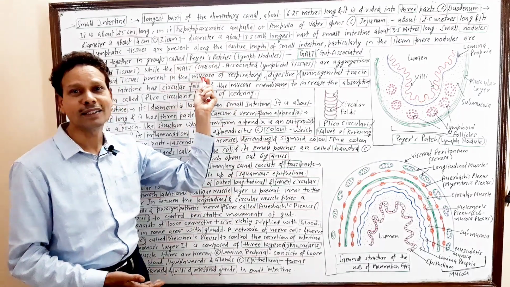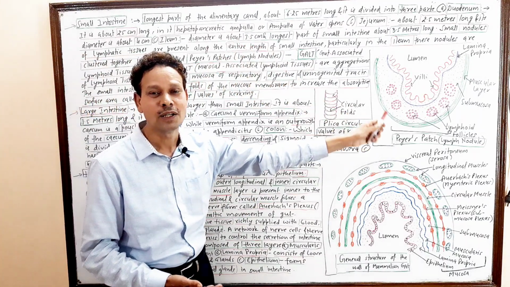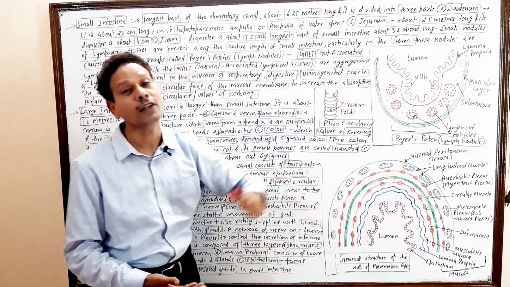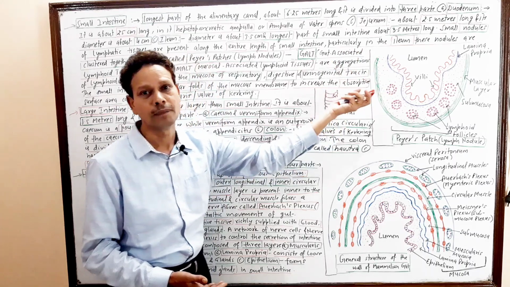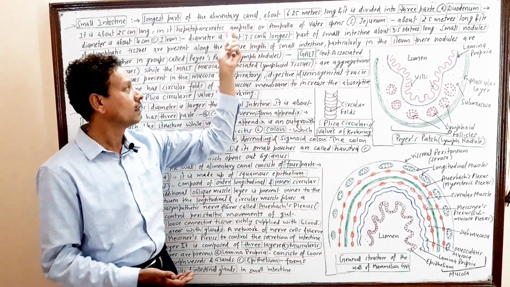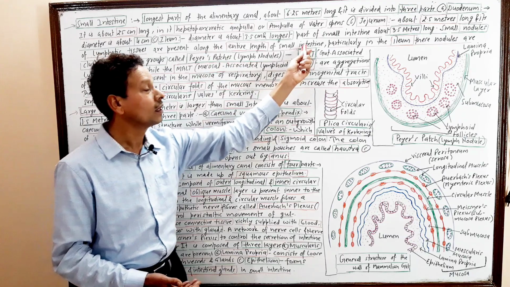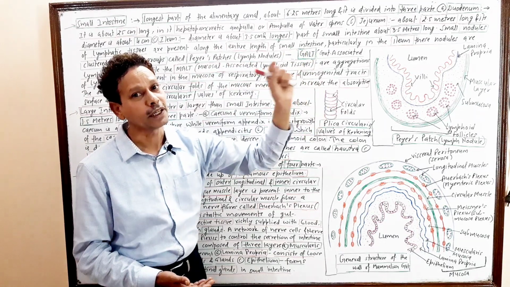This one is MALT. And students, gut associated, particularly throughout the length of small intestine, the lymphatic tissues, the lymph nodes which associate, constitute GALT, gut associated lymphoid tissue.